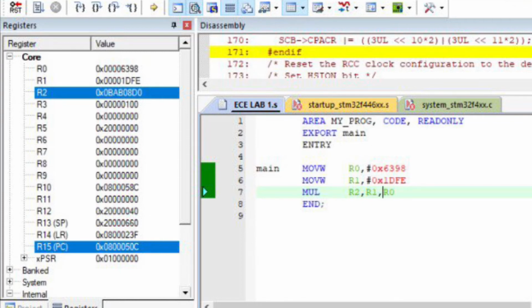For R1 0x1DFE. For multiply I use MUL R2, R1, R0. After running the program, as we can see at the core part, R0 is 0x00006398, just like we programmed it. Also in R1, and at R2 we can see the answer of the multiply function.